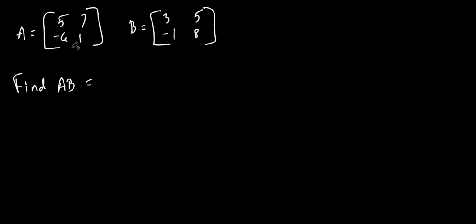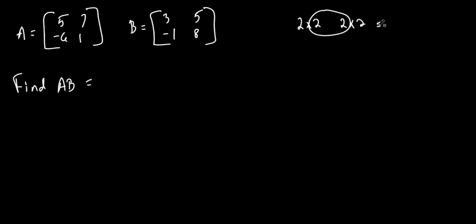Because you can't multiply every single style of matrix. This is a 2 by 2, and this is a 2 by 2. Where do we always look? The 2 in the middle. If those are the same numbers, then yes, we can multiply it. So what's my answer going to be? What by what? The dimensions.